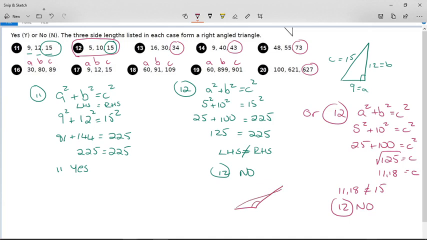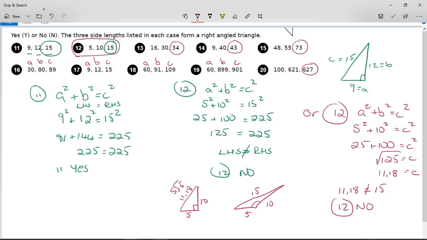So you would end up with a triangle like this, 5, 10, 15, but with a right angle like this, it's 5, 10, and by calculation, this is going to be 11.18, or in surd form, 5√5.